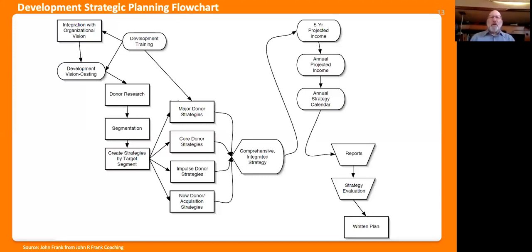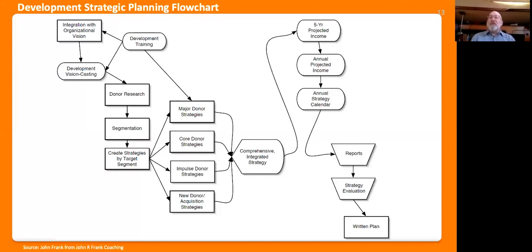So I started looking at, well, what are the main relationships that we work with? And if you go over two columns, you'll see major donor strategies, core donors, which are monthly, repetitive donors, impulse donors, which I'll define, and then new donors, acquiring them. And I said, well, how do we find those? Well, we have to do donor research. We have to get to know who our people are on our list.